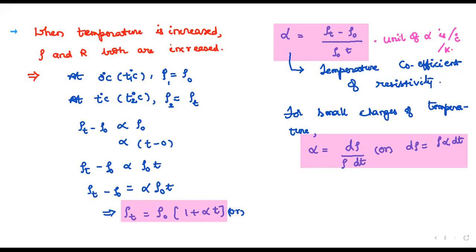In both units you will get the same value. Why? Because it is a change in temperature. So here alpha remains the same in both SI and CGS units.